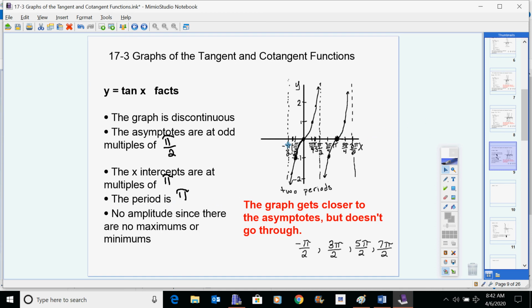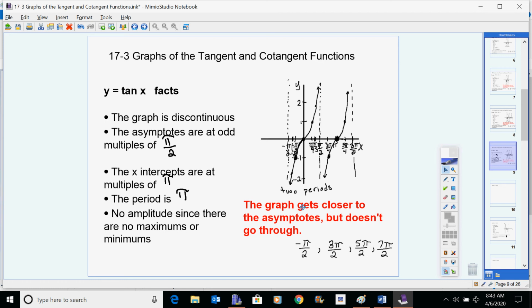The period has a length of just 1 pi. It happens to go from negative pi over 2 to pi over 2. We can't really consider an amplitude because there's no maximum, there's no minimum, so there's not a top or a bottom.